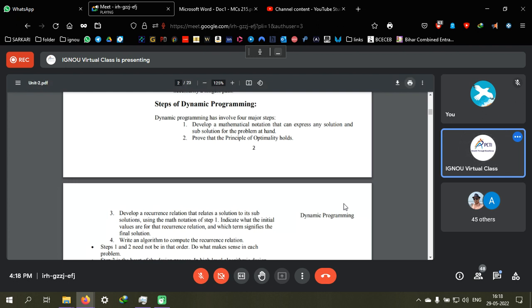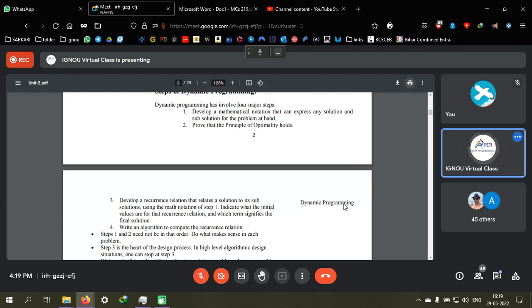First, develop mathematical notation that can express any solution. In this unit, you will get a lot of mathematical equations. After that, prove that the principle of optimality holds. Then develop a recurrence relation that relates a solution to its subproblems using mathematical notation. And after that, write an algorithm to compute the recurrence relation.